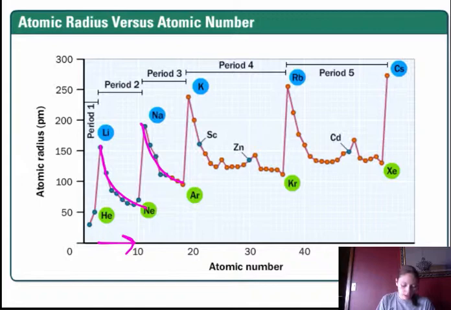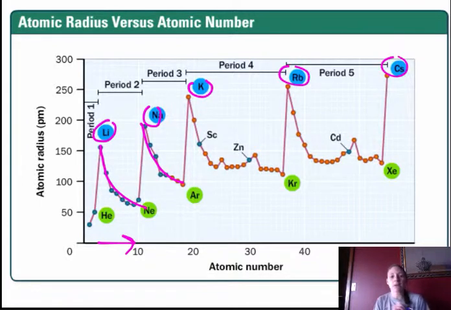But if we look at lithium, sodium, potassium, rubidium, and cesium, those are all in the same group. What do we notice about those? They increase. So this is just one more way to graphically show the atomic radius trend with actual numbers versus the pictures.